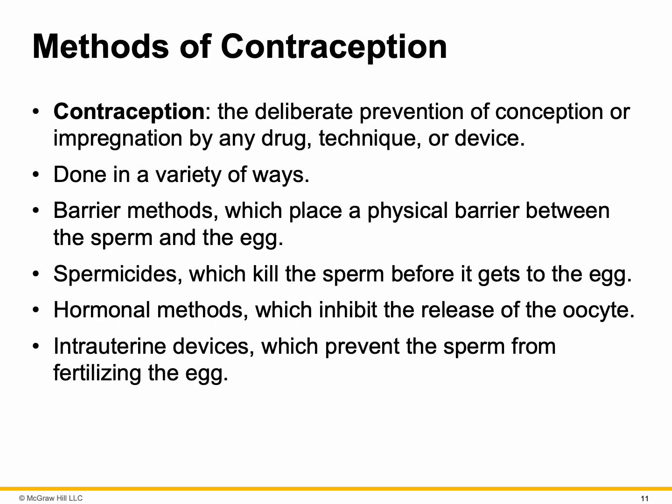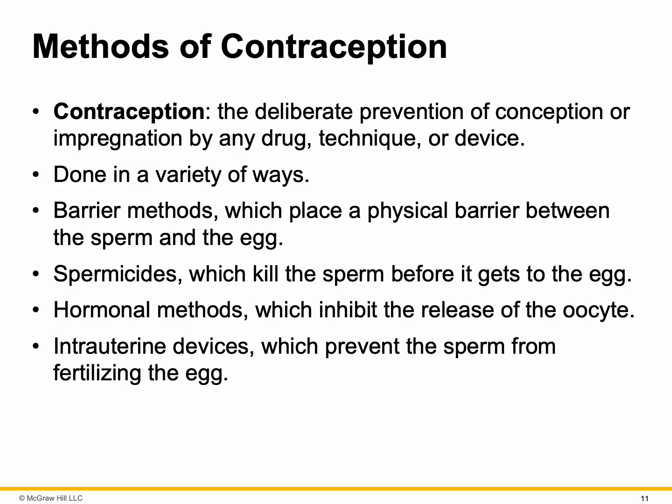Okay, so let's spend quite a bit of time talking about methods of contraception, and there are a lot of them. So we'll walk through them one by one. As we talked about earlier, contraception is the deliberate prevention of conception or impregnation by any drug, technique, or device. Contraception can occur in a variety of ways. So there are barrier methods, which place a physical barrier between the sperm and the egg.